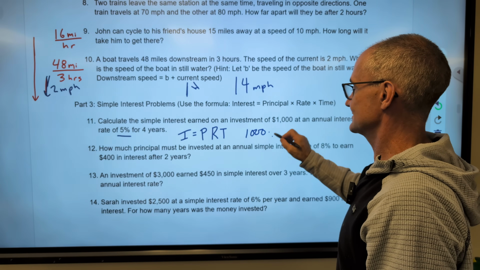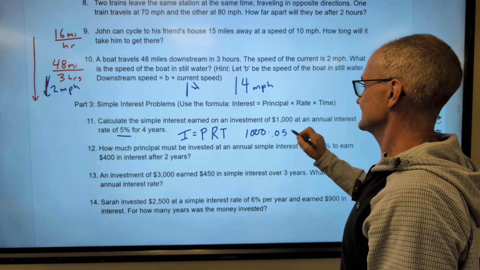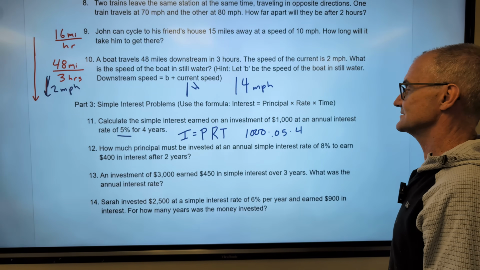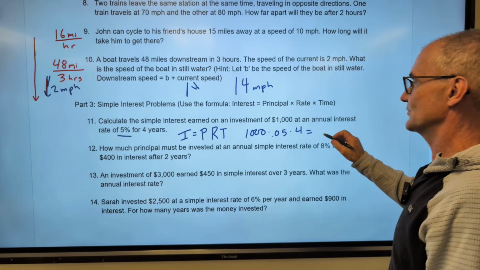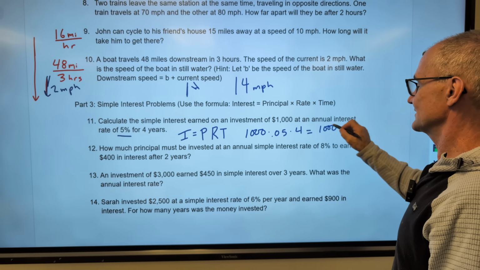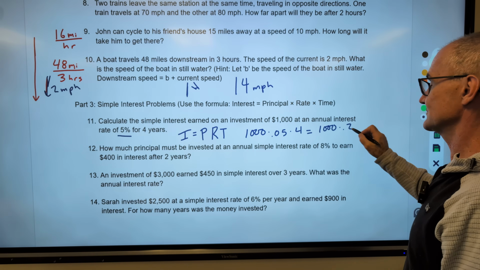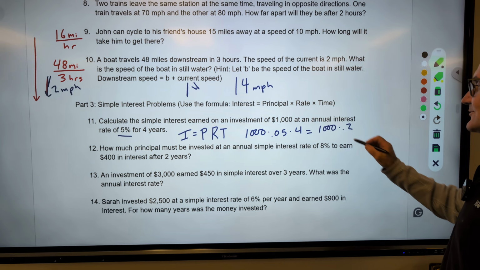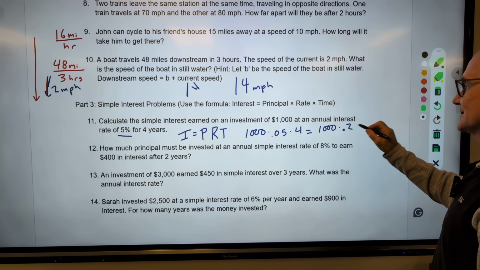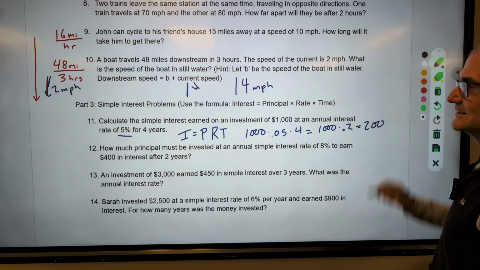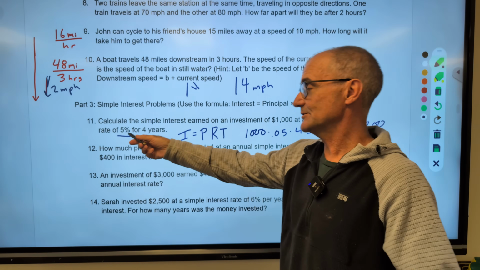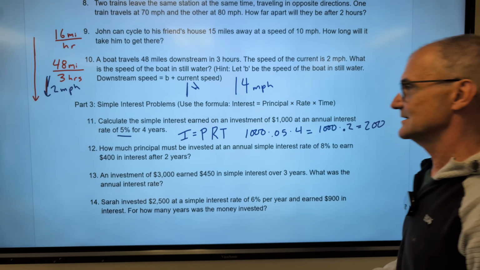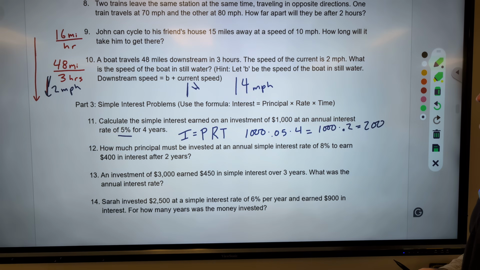I'll convert that right to a decimal, 0.05, times time, 4 years. 0.05 times 4 is 0.2. 1,000 times 0.2 is equal to 200. So if you put 1,000 in the bank, it's still a good rate of interest, but for 4 years, the simple interest would be $200.